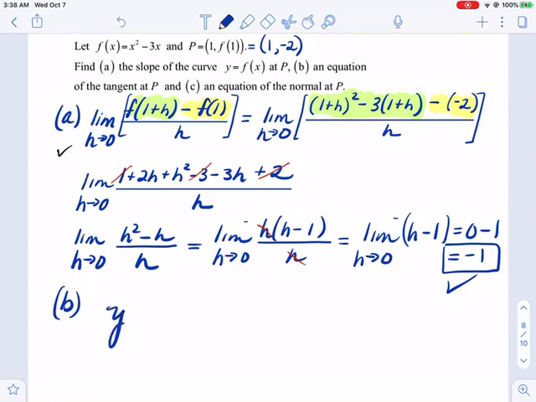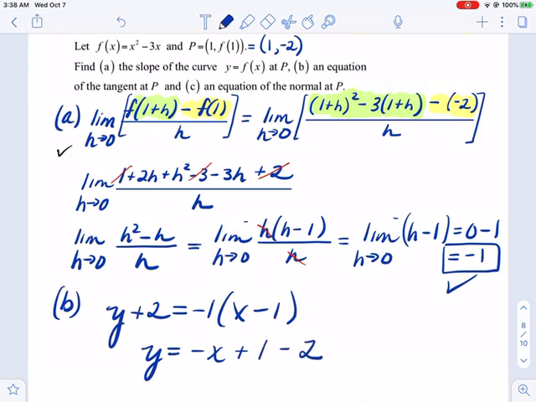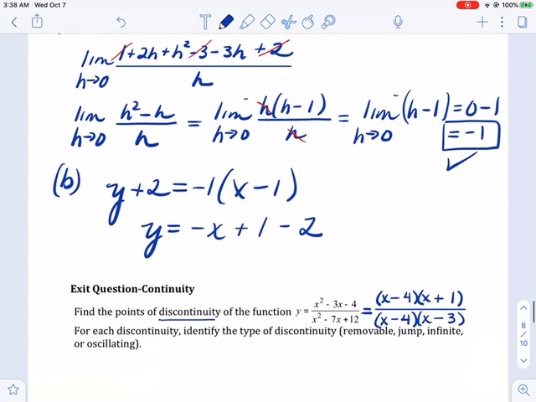So y minus negative 2, y plus 2 is equal to negative 1 times x minus 1. And so we get y is equal to negative x plus 1 minus 2, which turns out to be y is equal to negative x minus 1.